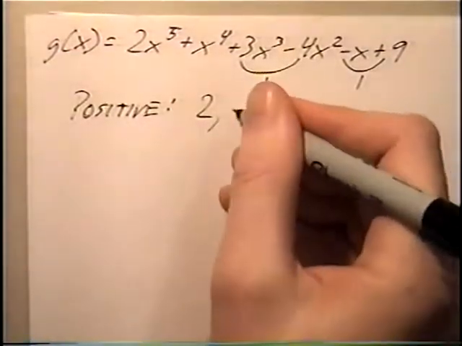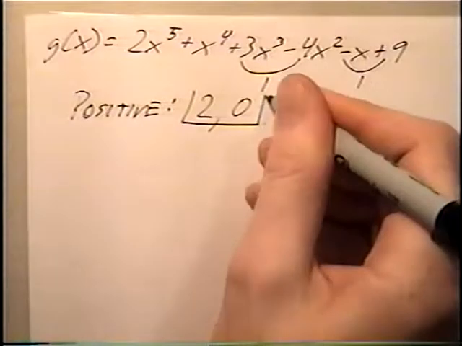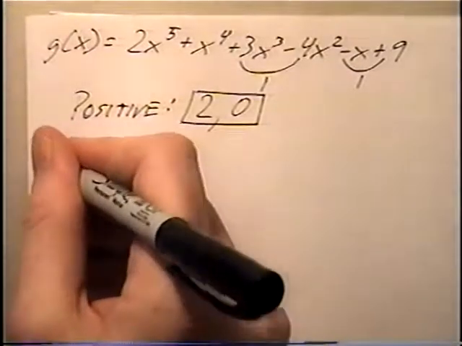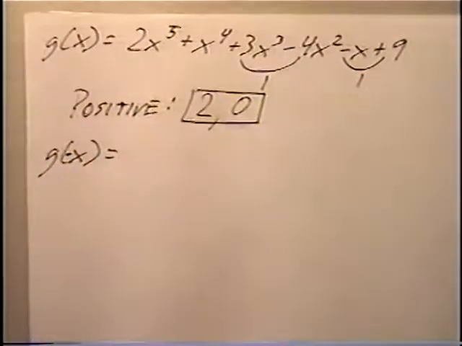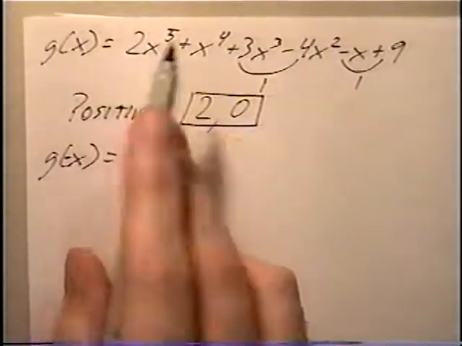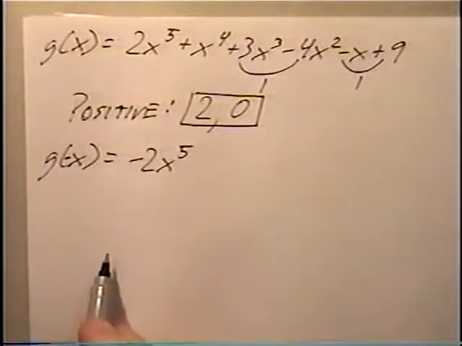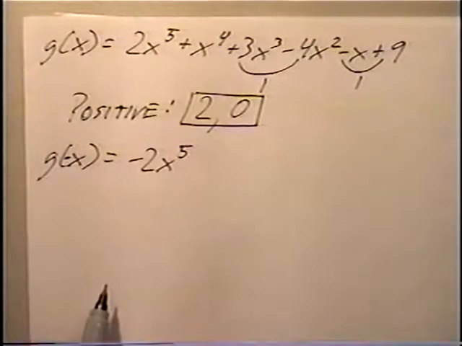But again, take away 2 from each answer. It could also be 0. So there could be 2 positive zeros, or there could be no positive zeros. For the negatives, again, you have to do g of negative x. The shortcut method, anytime you have an odd power, x to the 5th, change the sign to negative 2x. Again, that's because if you have a negative to the 5th power, you'll have a negative left over.